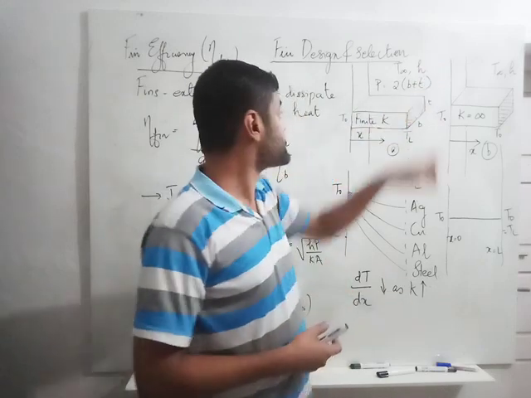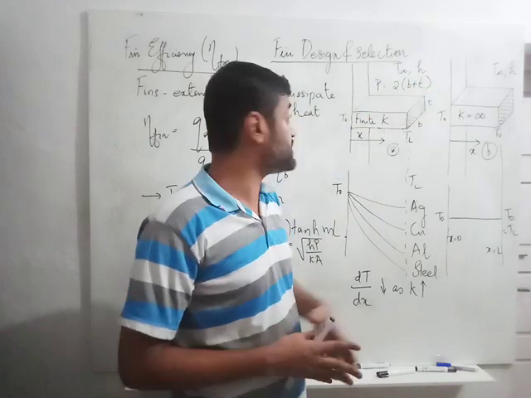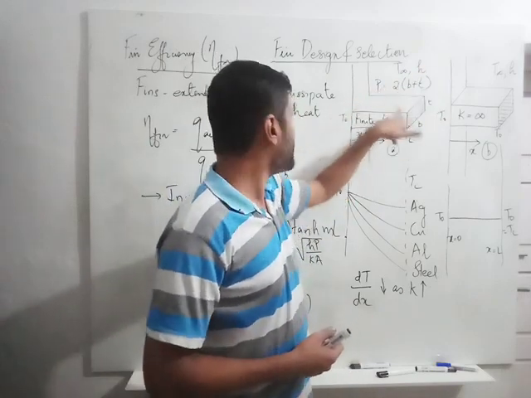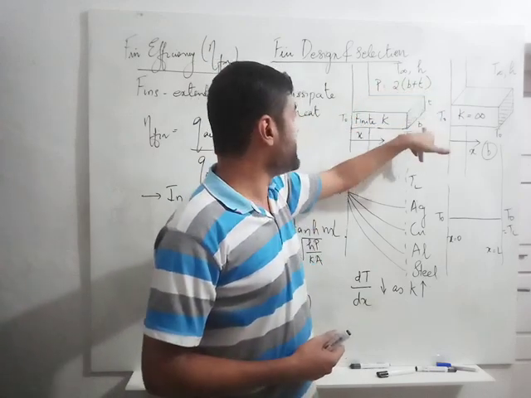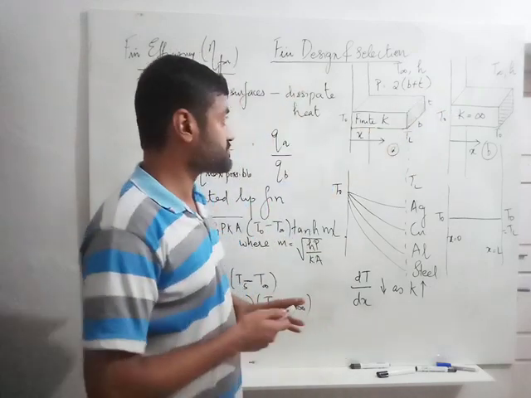Now the surroundings have a temperature T infinity and the convective heat transfer coefficient is H. The perimeter of this fin is P equal to 2 times B plus T, where B is nothing but the breadth of the fin and T is the height of the fin.